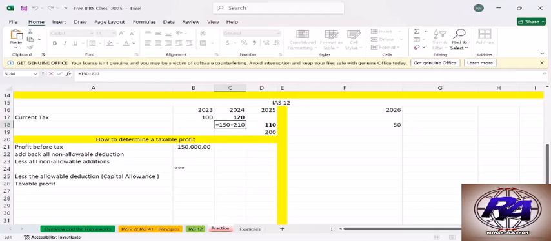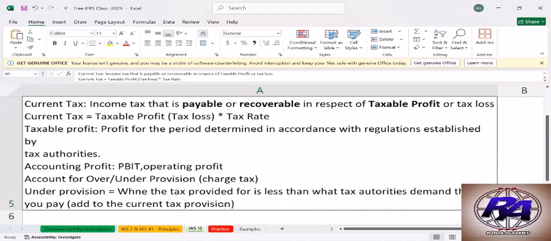So our tax will now be 20 plus the 150 that we have made provision for. Always remember that under provision is added to our current tax we have provided for.